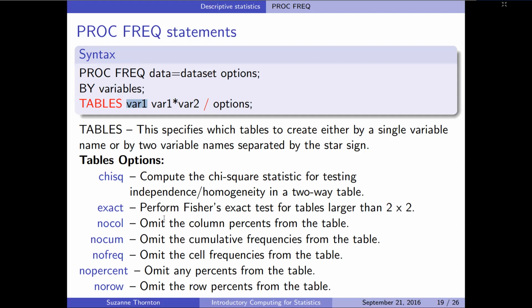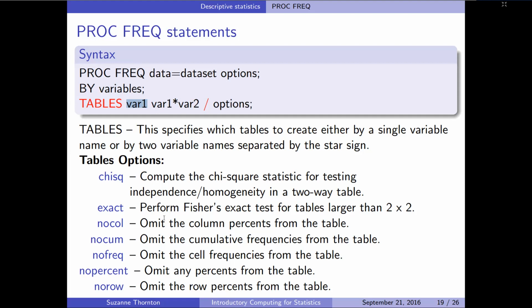Here are several important options for the table statement. The chi-square option will compute the chi-square statistics for testing independence or homogeneity in a two-way table. The exact option will perform Fisher's exact test for tables larger than 2 times 2, and the NOCOL option will omit the column percent from the table.